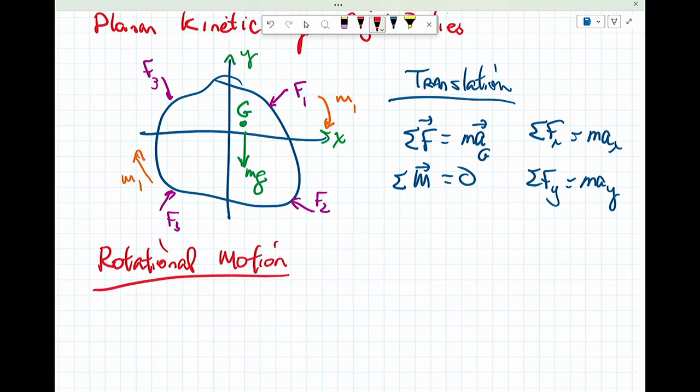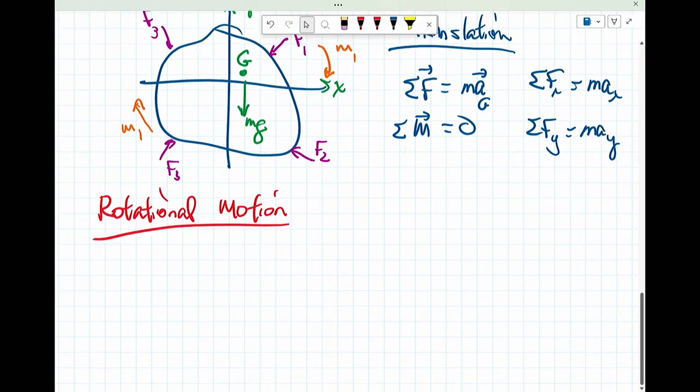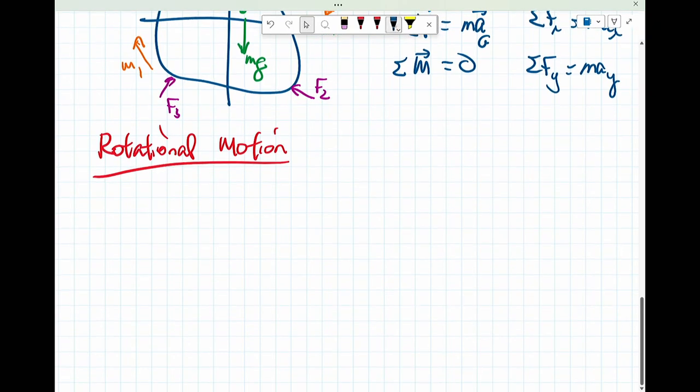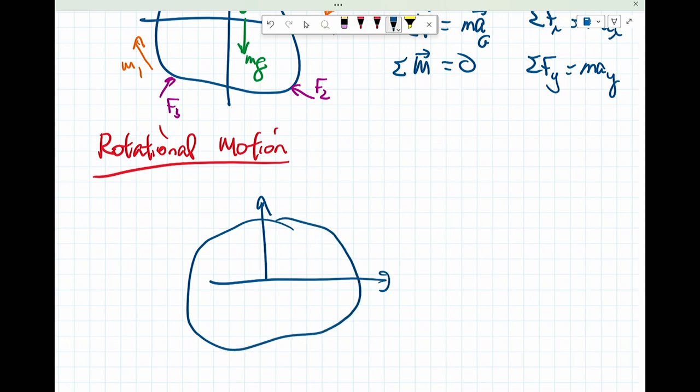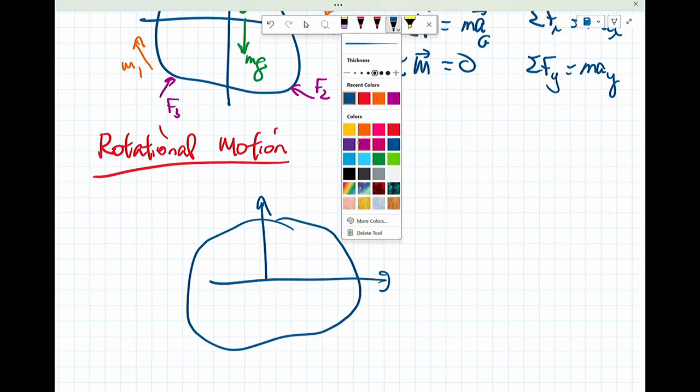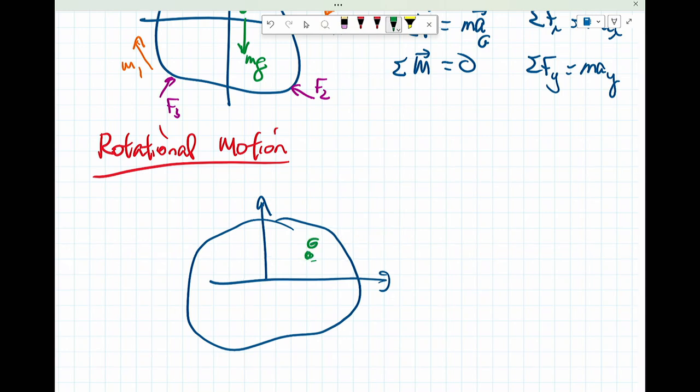Then you have rotational motion. So in rotational motion, we're going to start to look at things that are just spinning. And again, I want to define something in here, a g, and I have forces here.